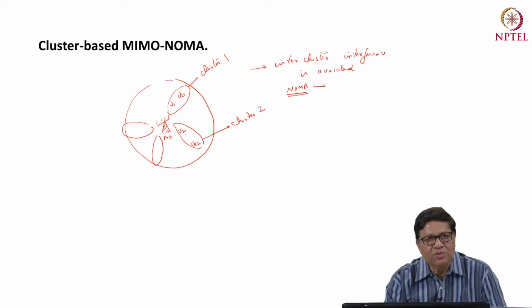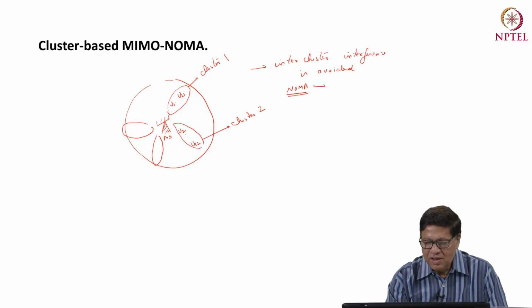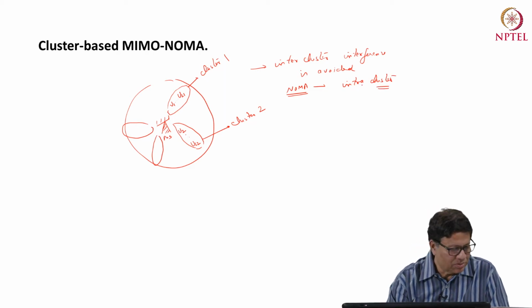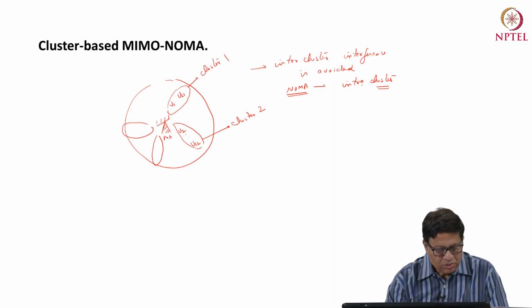So NOMA technique is used to cancel the interference which is caused by the users of that cluster. So intercluster interference is avoided by beamforming using some sort of transmit precoding, but within the cluster, or intra-cluster, one can use NOMA technique to avoid interference from other users. So this is another example of MIMO NOMA, which is cluster based.